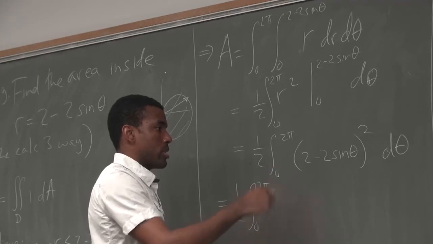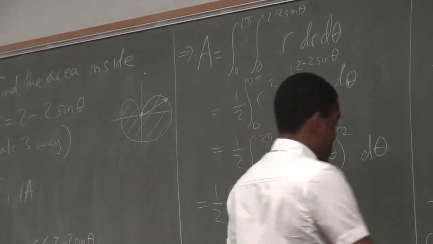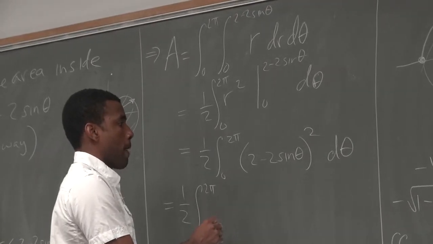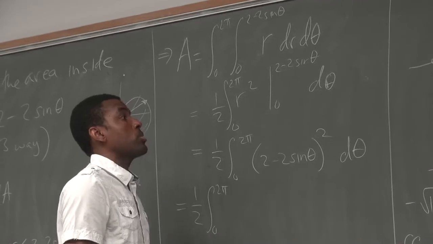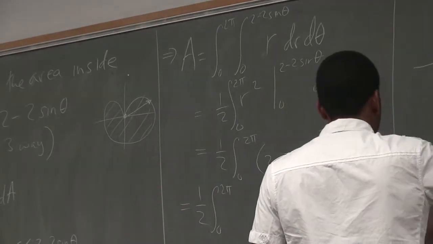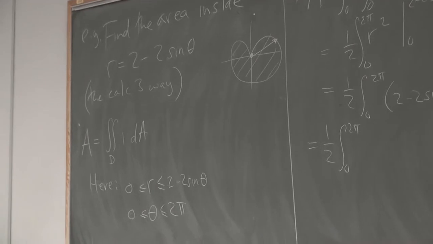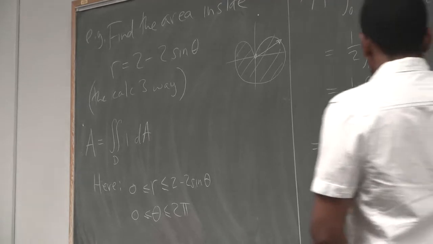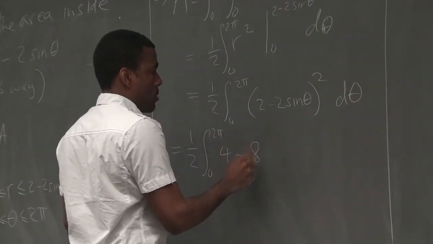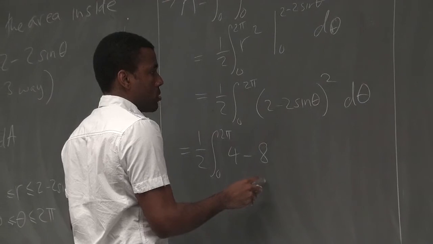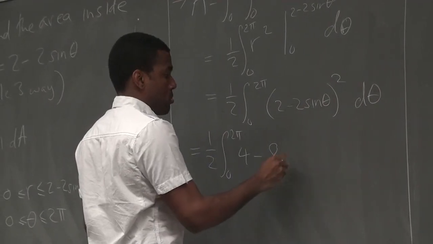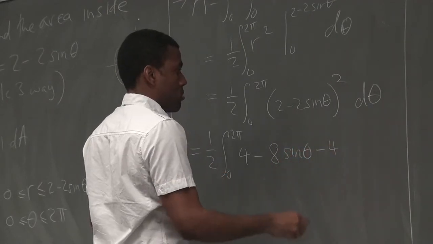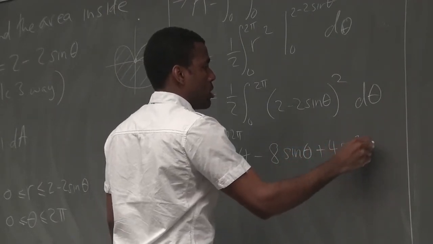And so how do I actually integrate that? See if you guys remember. 2 minus 2 sine theta, squared, d theta. How do you integrate that? You'd expand it first, and we get what? Well, the first term would be 4, minus 4 sine theta, minus 4 sine theta again, so minus 8 sine theta, plus 4 sine squared theta d theta.